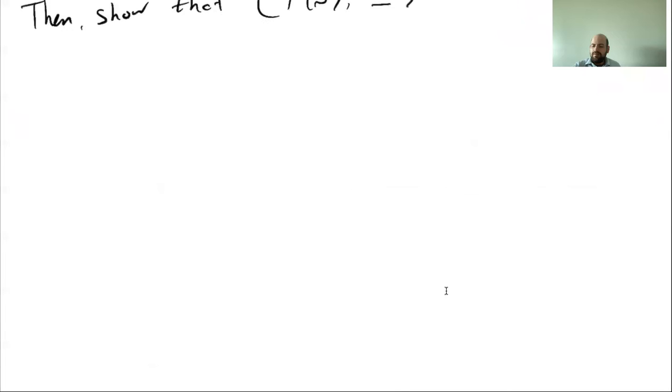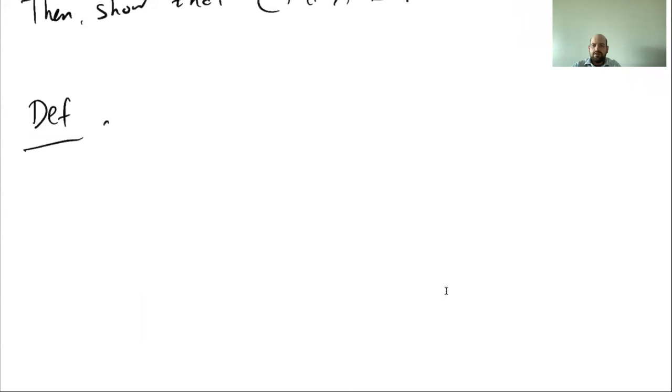Then we want to give you a definition about a totally ordered set. So definition: first we have to define comparable elements.